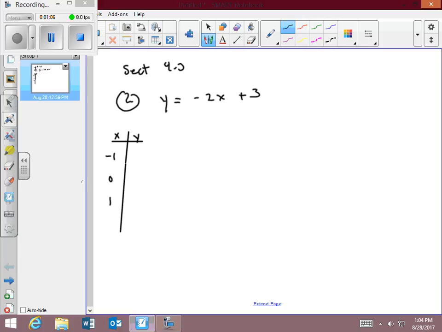And then what we're going to do is put -1 in for x. So -2 times a -1 is a +2. +3 is 5. So 5 would be the y value associated with -1.